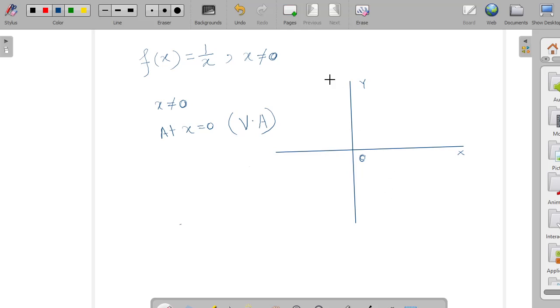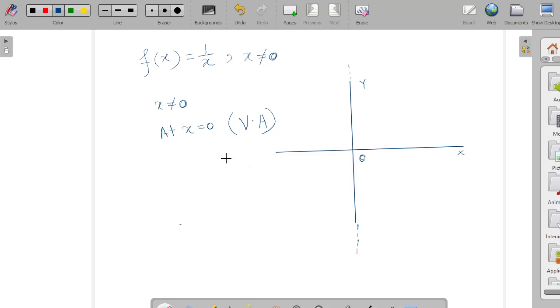So this y-axis is our vertical asymptote, and we must remember that vertical or horizontal asymptotes are lines, because x equals a number or y equals a number represents a line. So we can mark this with a dotted line like this, and this is our vertical asymptote.